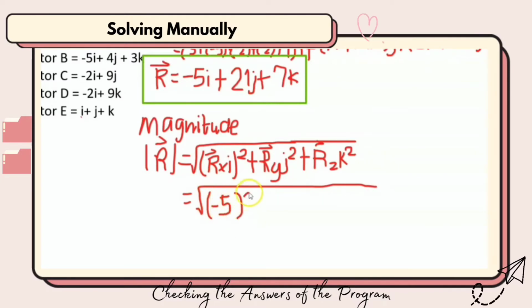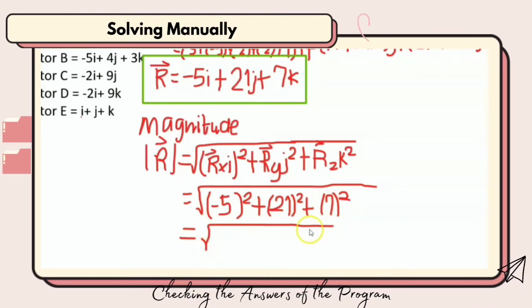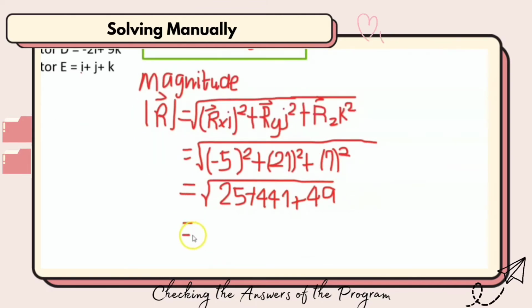Now that we know the formula, we are going to substitute all of the given components, and solve. We're going to solve -5 squared equals 25, 21 squared equals 441, and 7 squared equals 49.